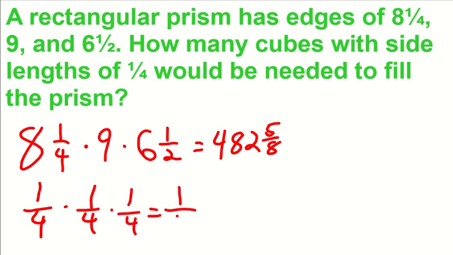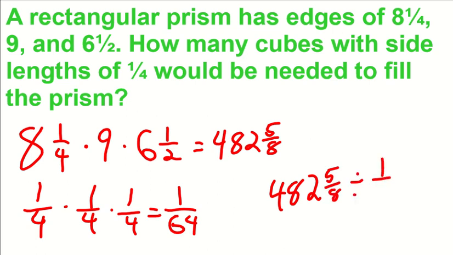That is 1/64. Then we're dividing. So we got 482 and 5/8 divided by 1/64.